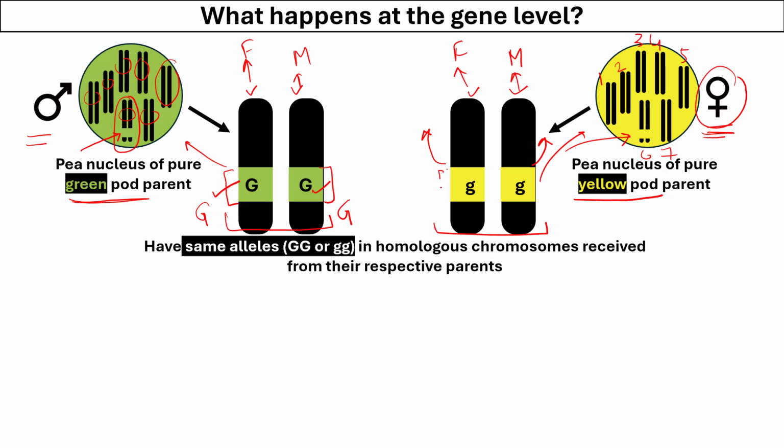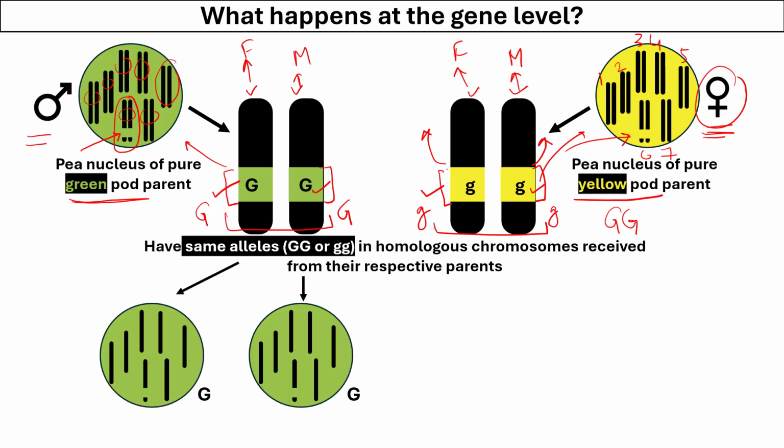So at one specific location they have the gene for the pod color. Here they have received both the alleles to be recessive ones, and both are small g. That's why the color presented here is yellow. If they had both capital G's, then the color presented would be green.